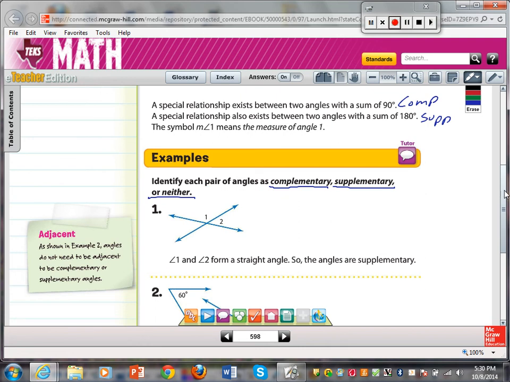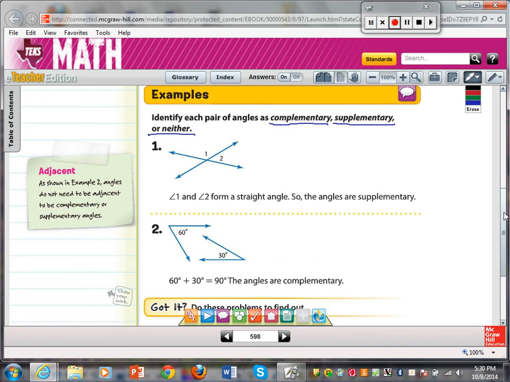So let's take a look at this situation here. Remember what adjacent means? As shown in example 2, angles do not need to be adjacent to be complementary or supplementary. Okay? So they don't have to be adjacent.